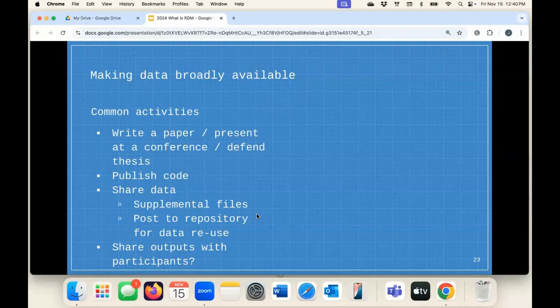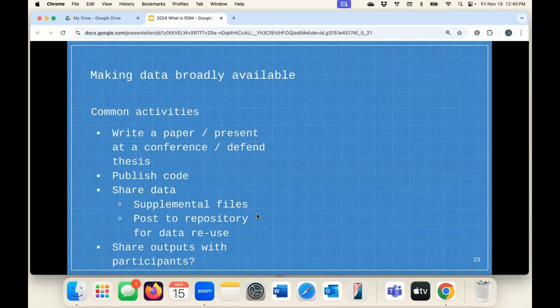You may also, if you're working with human participants, have put in your documentation, in your consent forms, in your recruitment files, that you would share your outputs with your participants. That's quite common.